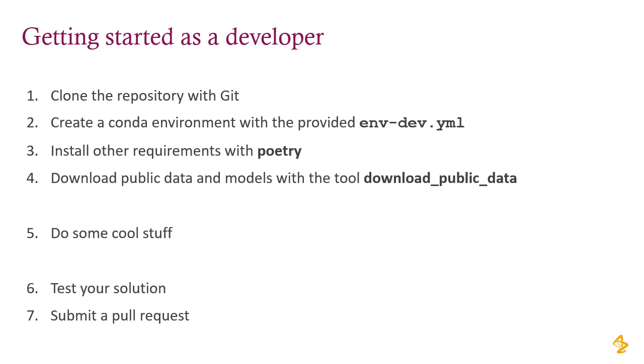Then you can download public data models with the tool download public data. Then you do your magic. You do some cool stuff. You extend the package, you add new modules and packages. Then you test your solution. And we will not accept any code that isn't tested with unit tests. And then you submit a pull request.